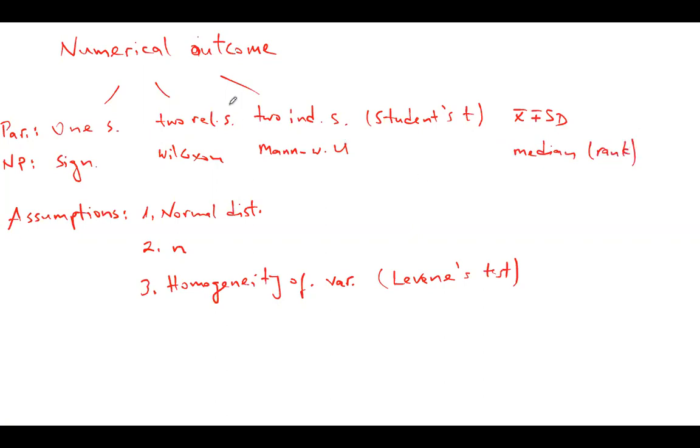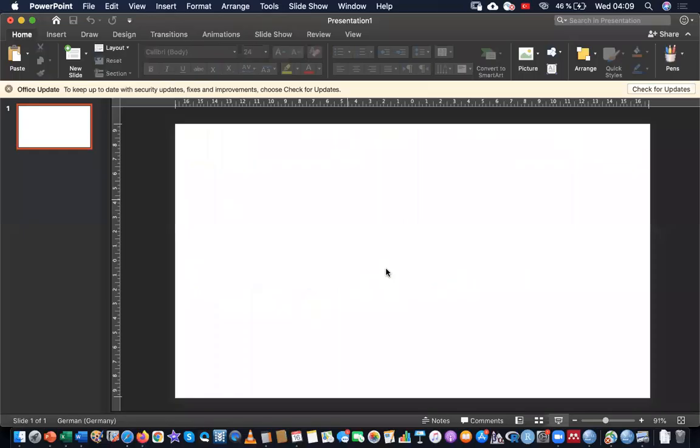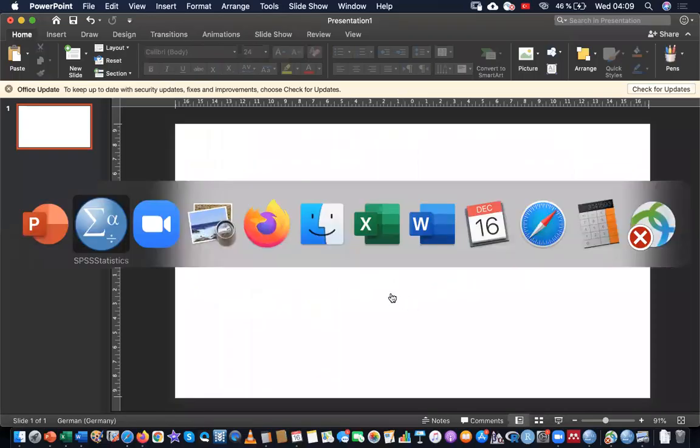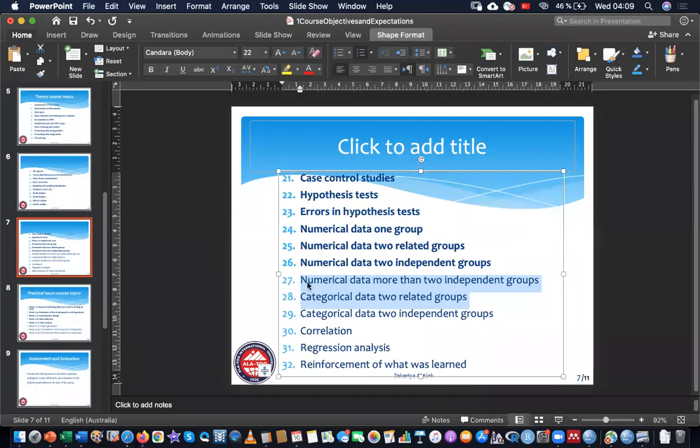Okay. Now today, if you know this much, you know enough. We will discuss numerical data with more than 2 independent groups.